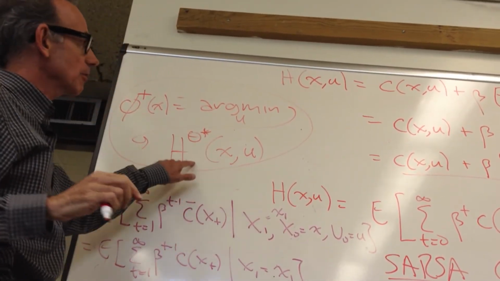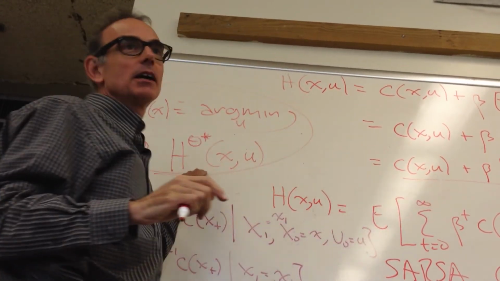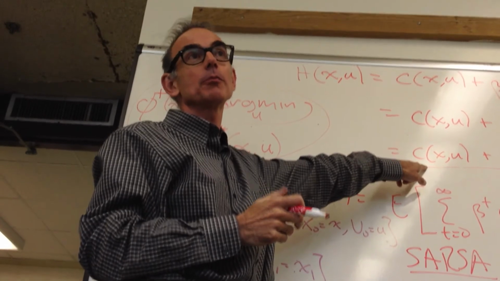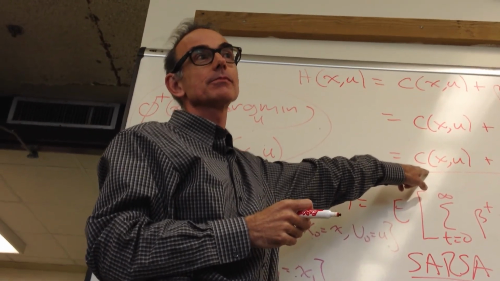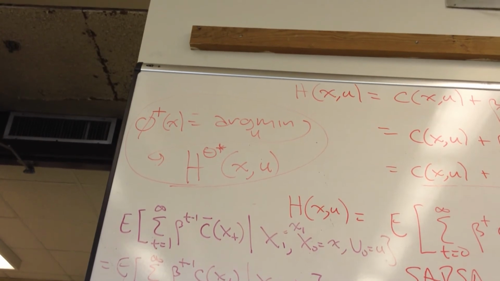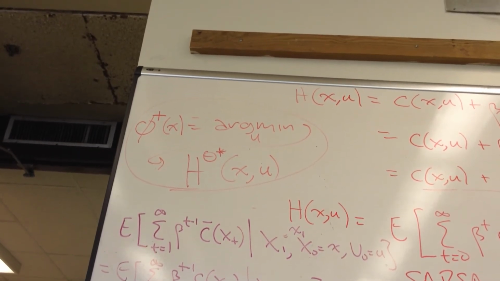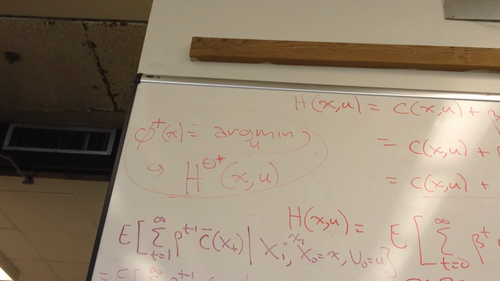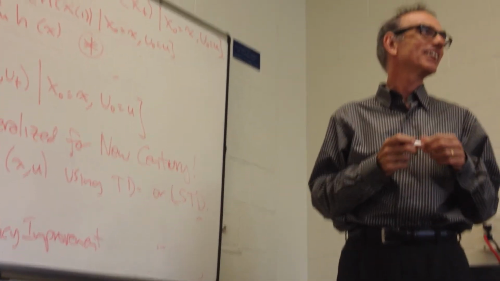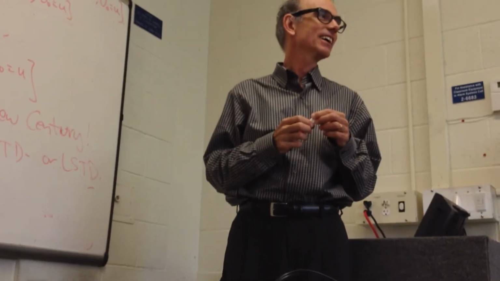If I believe that this is an approximation of this, the argmax of this over U is exactly policy improvement. And that's it. So all this is for that simple idea. That's it, but you have to repeat. And then you have to repeat.